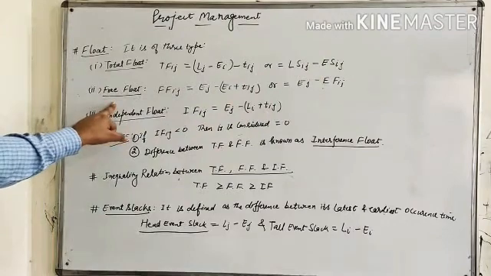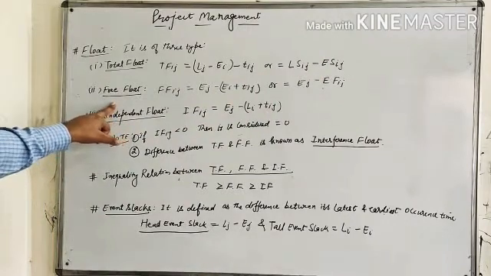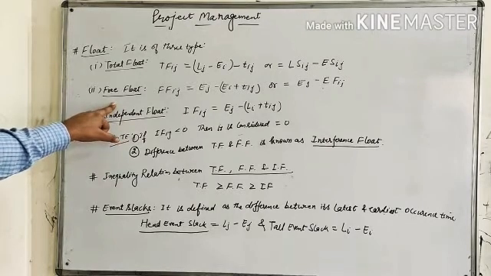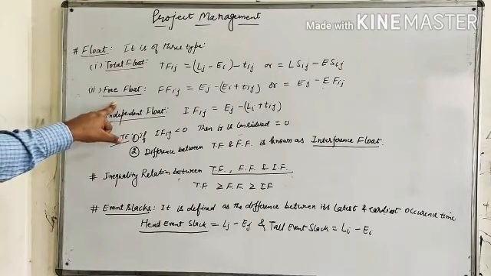For the free float, this is an activity defined as the amount of time by which the completion of the activity can be delayed beyond the earliest finish time without affecting the earliest start of immediate succeeding activities. It is defined by assuming that all activities start as early as possible.